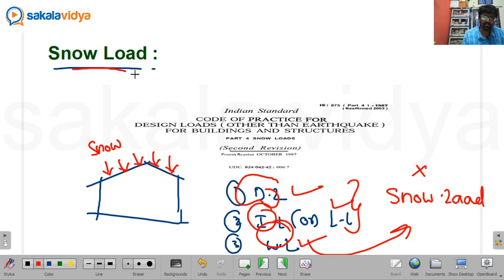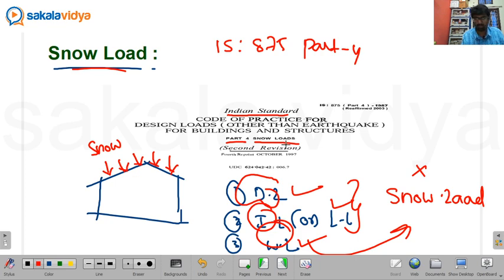So for snow load, we must follow our Indian Standard 875 part 4. The Indian Standard code of practice for design loads other than earthquake for buildings and structures. Part 4 is specially meant for designing snow loads.